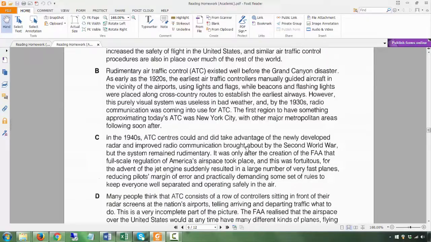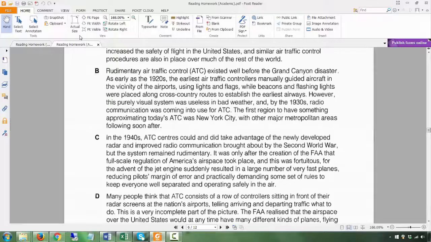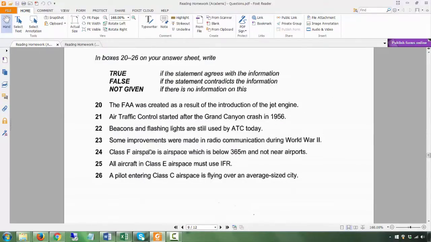So brought about, that means this improved radar and improved radio communication was a result of World War II. If that's the case, the question is, some improvements were made in radio communication during World War II. The answer would be yes. World War II caused some improvements in radio communication, right?